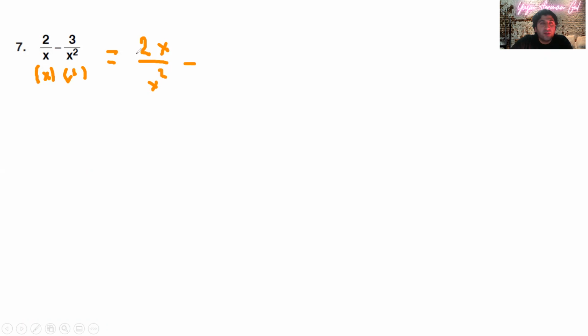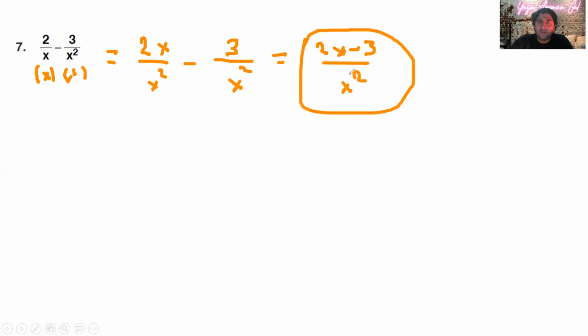Right, minus 1 times 3 will be 3 over 1 times x squared will be x squared. Now my denominators are equal, so I'm gonna say 2x minus 3 over x squared. Right, so this is going to be my answer.